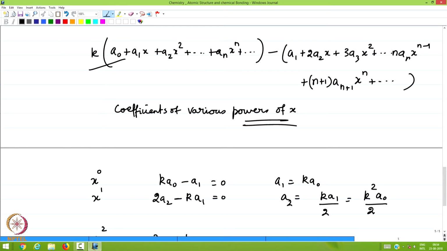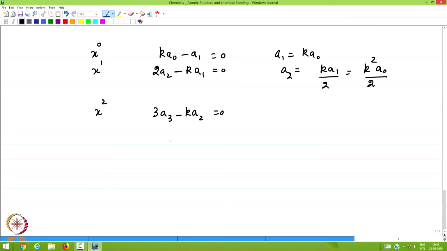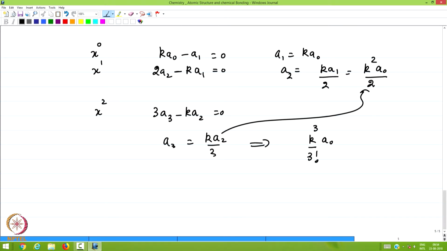Therefore, a 3 is equal to k a 2 by 3, and k a 2 is already given by that. Therefore, it gives you k cube a naught by 3 factorial.